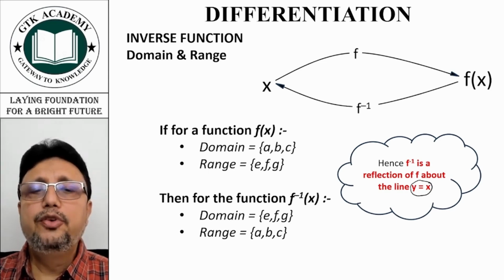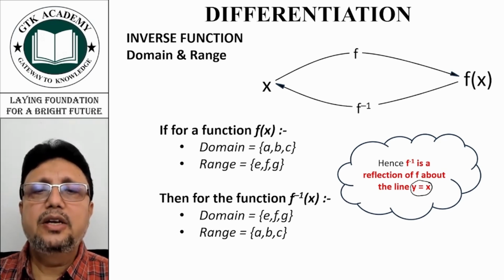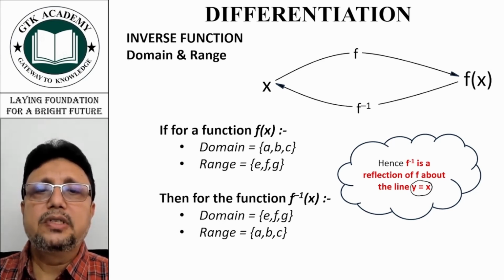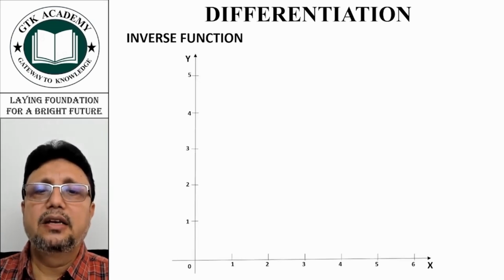That means if you keep a mirror at the line y is equal to x, one side you will find f, so the other side you will find f inverse as a reflection of f. Or if you keep f inverse on one side, you will find f on the other side as a reflection of f inverse. So let us just see that.